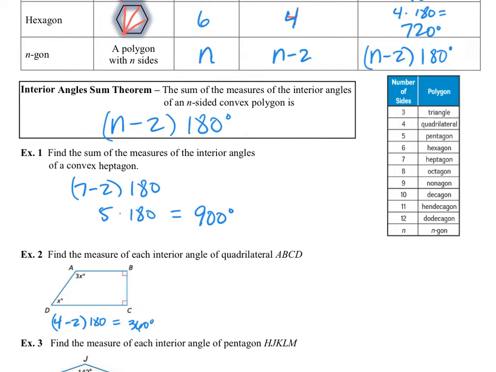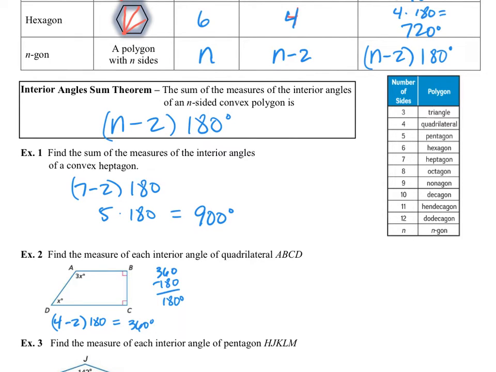Well, let's go ahead and simplify this a little bit. If B and C both have a measure of 90, we can subtract 180 from 360, which gives us 180 degrees. In other words, the 4 angles total 360. We know 2 of those 4 angles total 180.